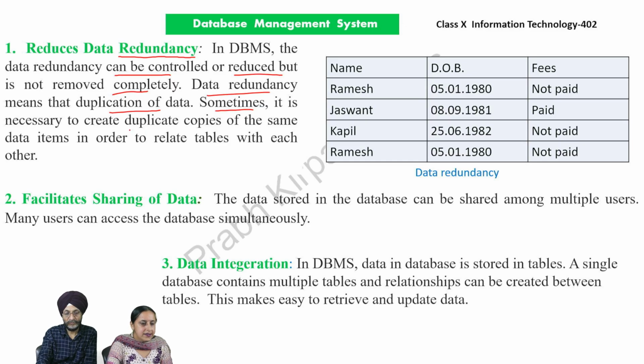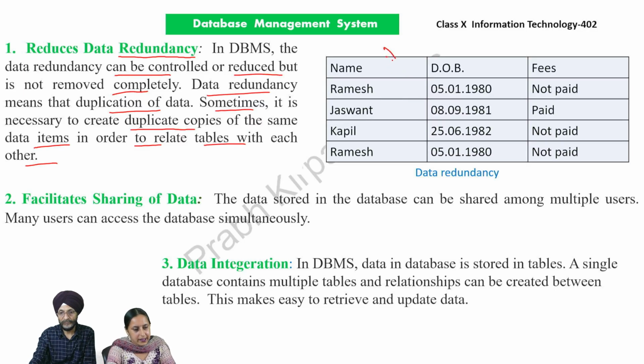Sometimes it is necessary to create duplicate copies of the same data items in order to relate tables with each other. The given table shows data redundancy. Try to find out the duplication of data in the given table at your level. Yes, you have found out the duplicate data. The data in respect of Ramesh is appearing twice.